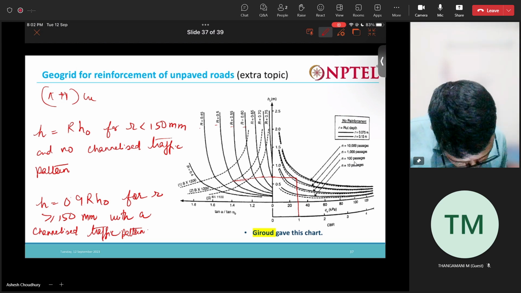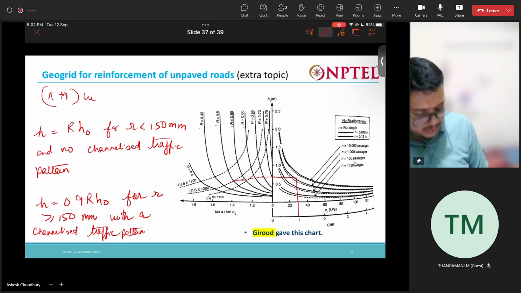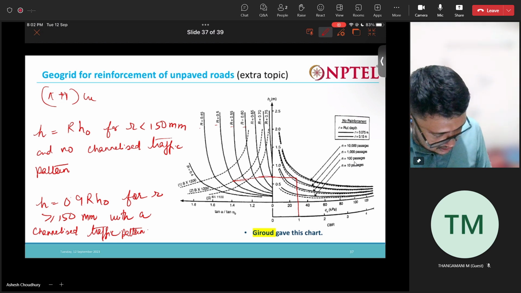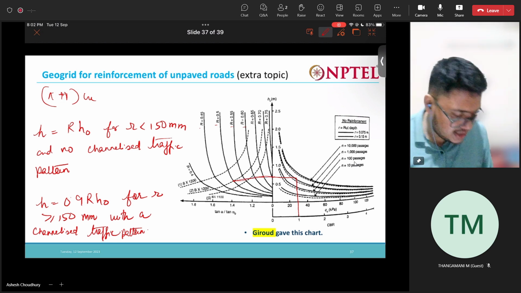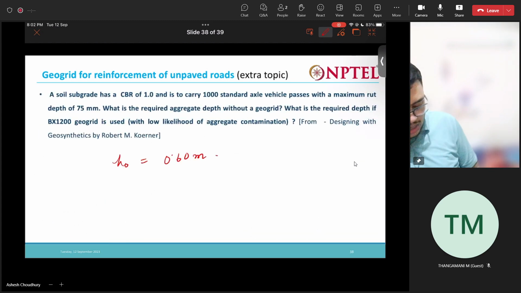What is this R naught? R naught is 0.5 in our case, so R comes as 0.5. Therefore, what is H?